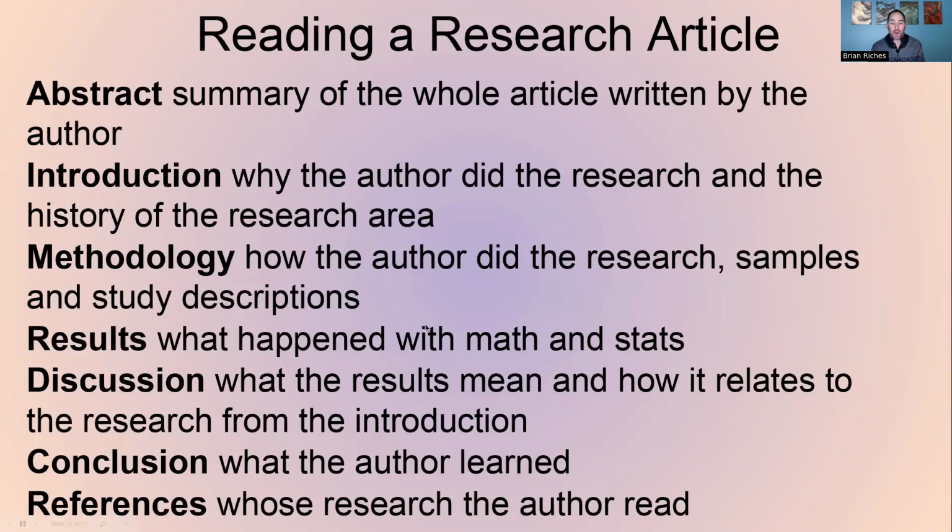What are the stats of what happened? And the discussion, read that. So read the discussion, what the results mean and how it's related to the history of the research. And then the conclusion, what they learned, and you might be interested in some of the references. So for sure, for any of your article reading, read the abstract, read the introduction, read the discussion, and conclusion. So those are the main areas of a research article, how you should read it.